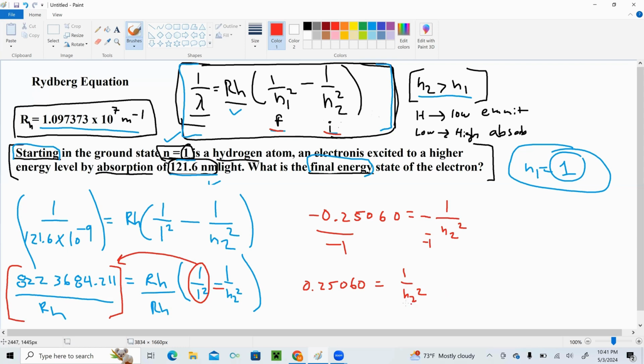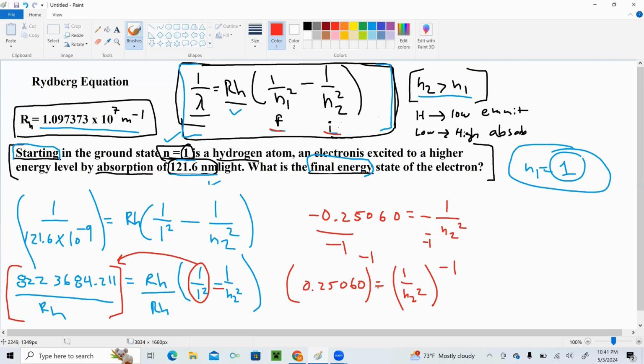How can I get n2 squared on the numerator? We inverse this. So in the calculator, you can type in that whole number that you have. If you're using a calculator too, make sure to use parentheses.